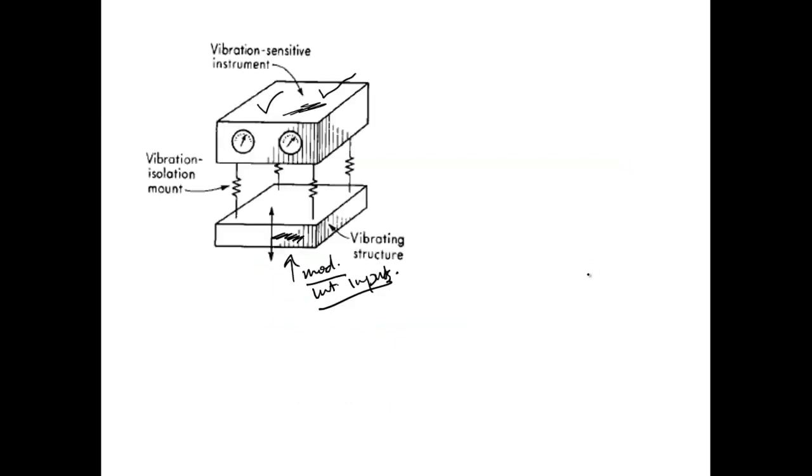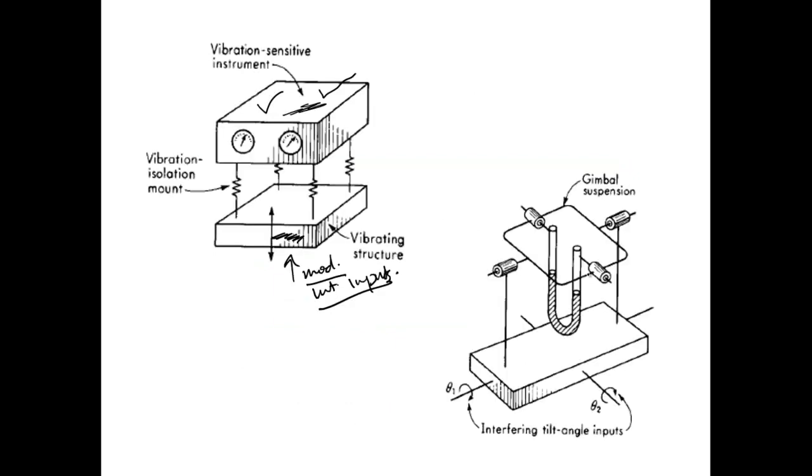One of the examples is this instrument, and another example could be a gimbal suspension for a manometer. As we have seen, when the manometer accelerated, we had issues, but in this case you can see gimbal joints put up here, which allow the rotation along this axis.